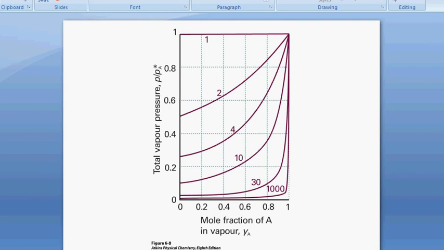But anyway, this is what it looks like. This is again PA star by PB star, with numbers 1, 2, 4, 10, whatever. So it's again showing you the volatility.